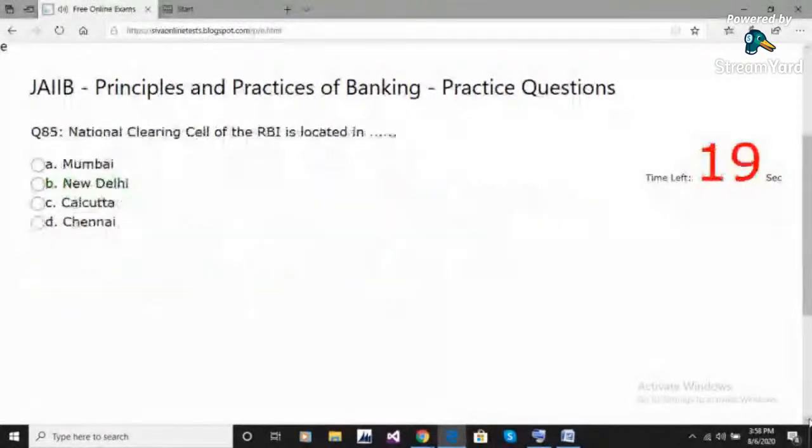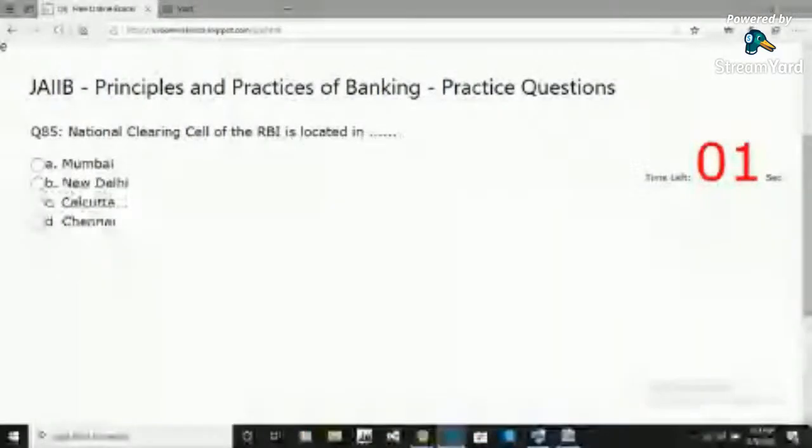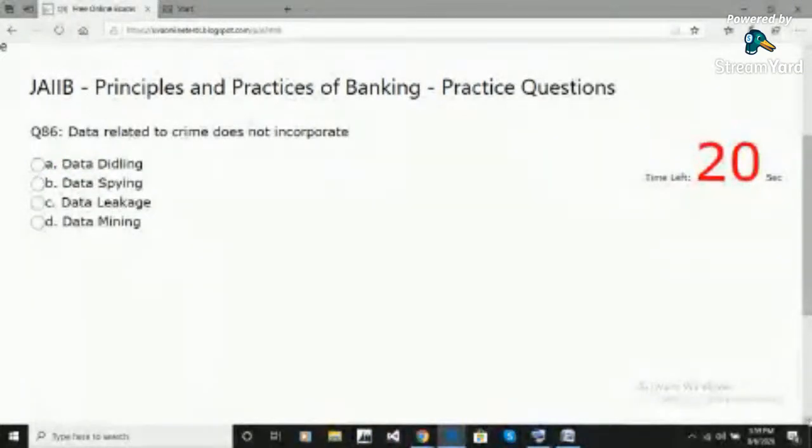Question 85. National Clearing Cell of the RBI is located in Option A Mumbai, Option B New Delhi, Option C Calcutta, Option D Chennai. Answer A Mumbai. Question 86.